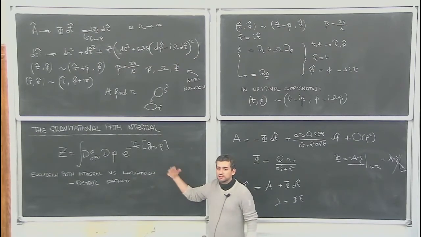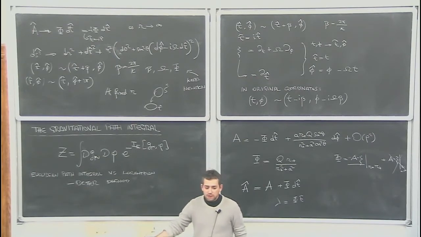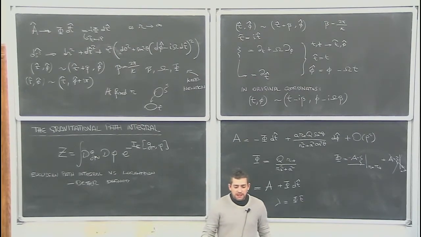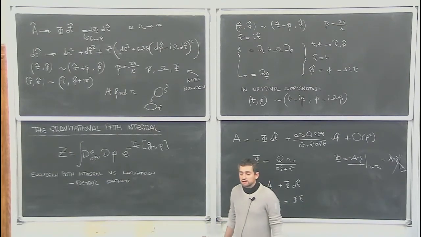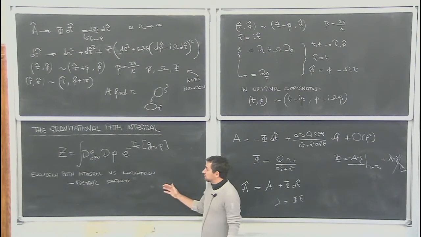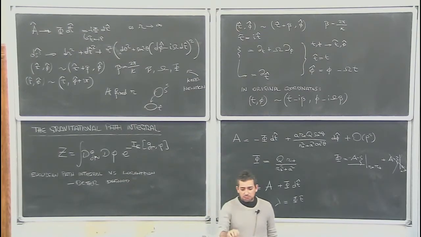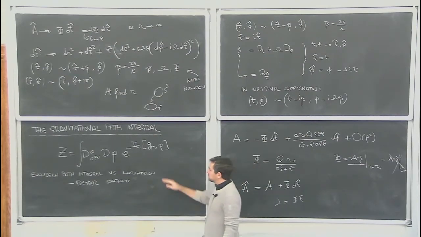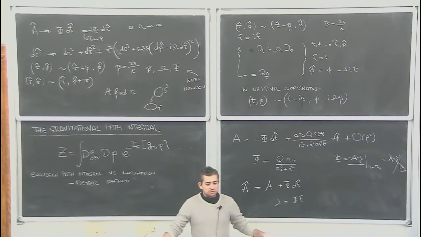So we need to include this in the sum over geometries. But if it's singular, or if it has a horizon that we don't really know how to treat, it's almost hopeless, or at least we don't know how to define it. But if we go Euclidean, then the black hole is a regular geometry. It's just a regular geometry with some prescribed regularity conditions where the Lorentzian horizon was. And we can very well include it as a sort of instanton solution or something like that.